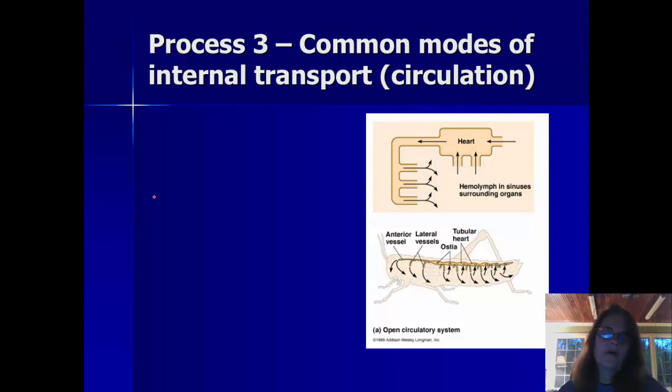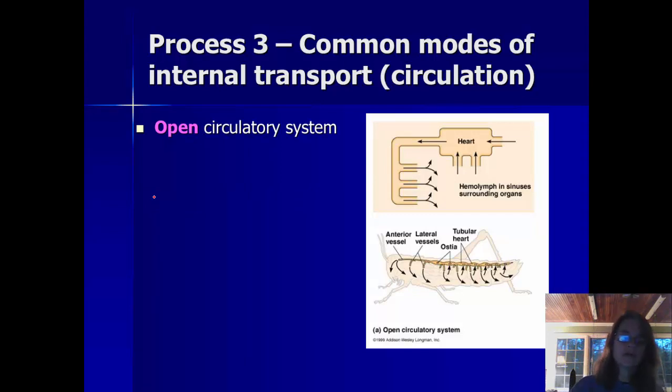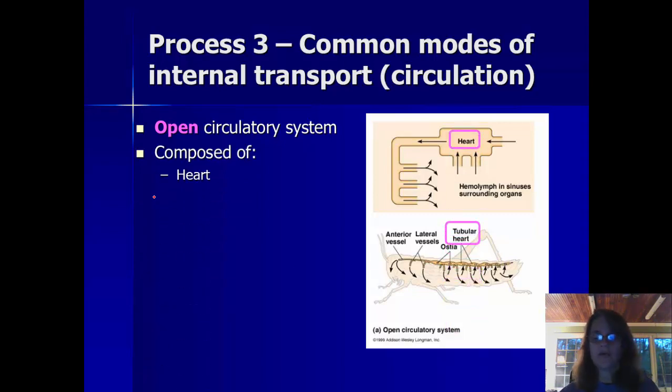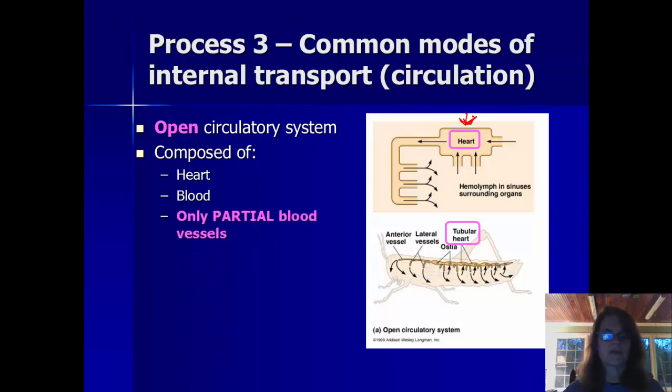Now, another mode of internal circulation, of transport, that is common among animals is something called an open circulatory system, okay? So it is an organ system. It has organs in it, like a heart. If we look here, this is a really obviously schematic, basic diagram, but here is the heart of an organism with an open circulatory system. And they also, of course, have blood that they can pump that flows through their circulatory system, but they have only partial blood vessels.